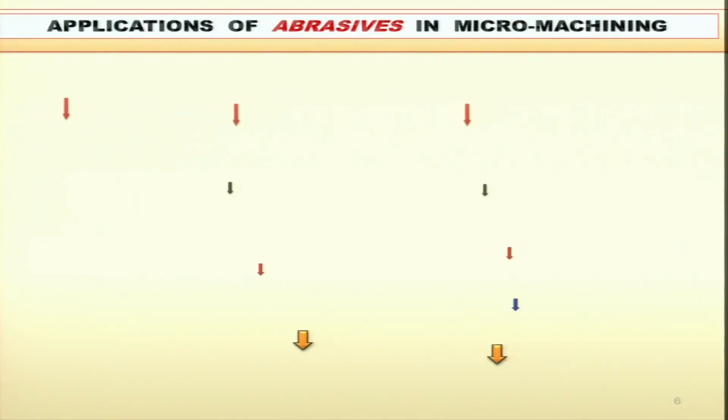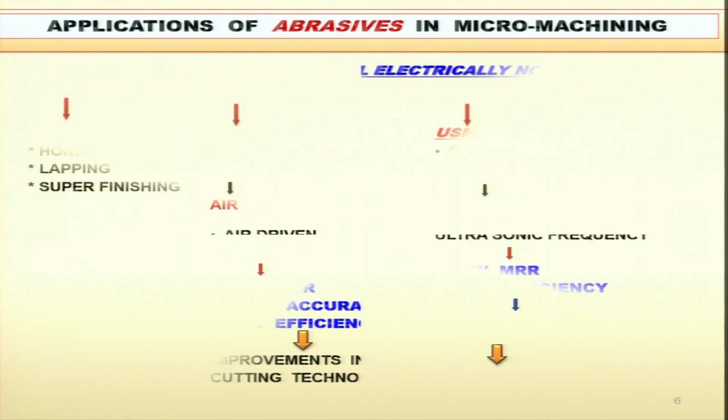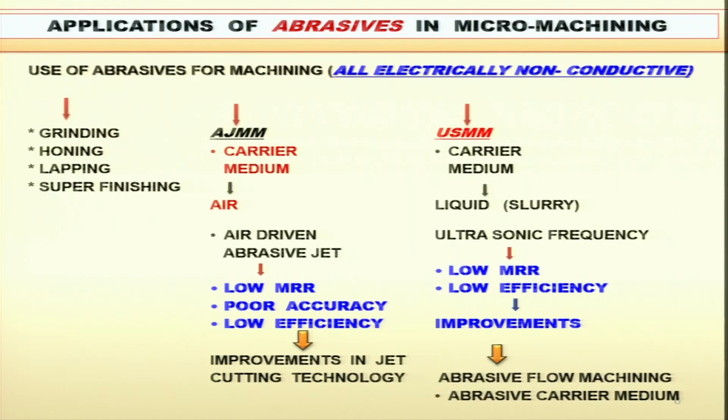Applications of abrasives in micromachining. There are many processes in which abrasive particles of different sizes and different types are used for machining purposes at macro level, micro level, or even meso level, like grinding, honing, lapping, super finishing.